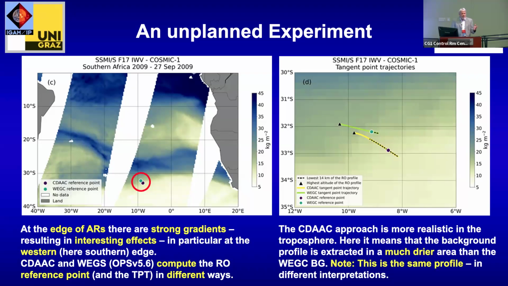At Wegener Center, we use the approach that we take the straight line connection between the two satellites, and if the straight line connection hits the surface, that's our definition of the reference point of the profile. This refers to an altitude of about 10 to 15 kilometers. It worked very well when we specifically looked at temperature change in the stratosphere, in the upper troposphere.